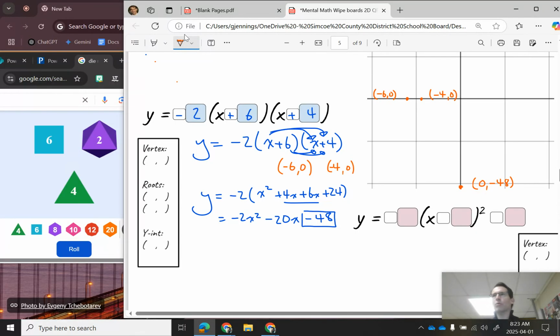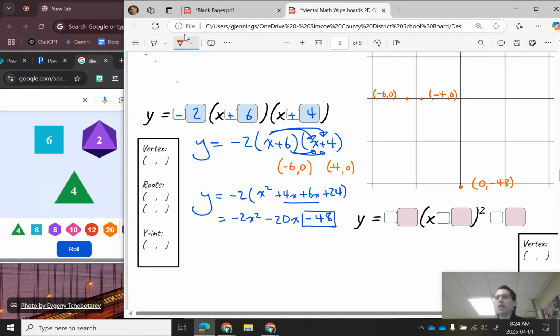The next thing I want to do is find that vertex. I can find the vertex by completing the square from standard form. But people are looking at me like you're not too excited about completing the square because it's not your favorite little piece of algebra, and it's not my favorite little piece of algebra neither.